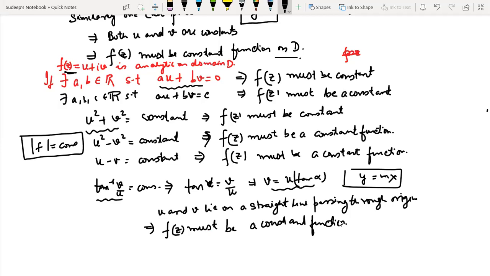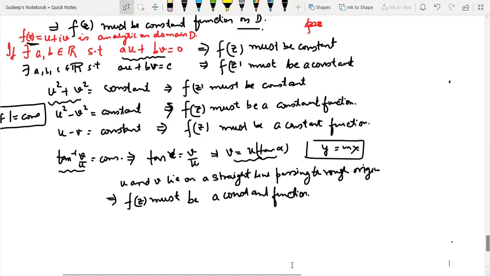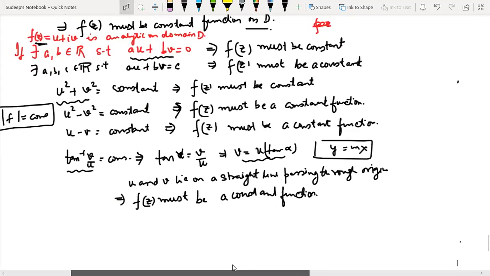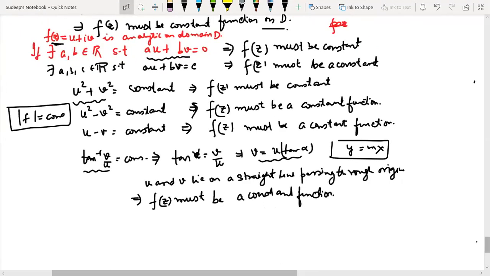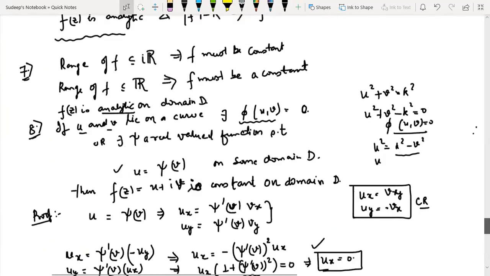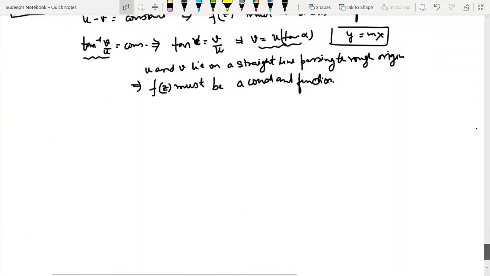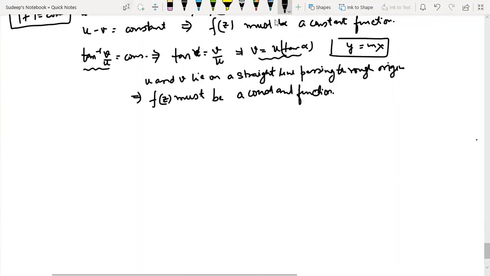Okay. Now let us do a few more things, a few more results I'm going to write so that you'll be able to learn more. So I think this will be result number 9. So it is result number 9 that I'm writing now.